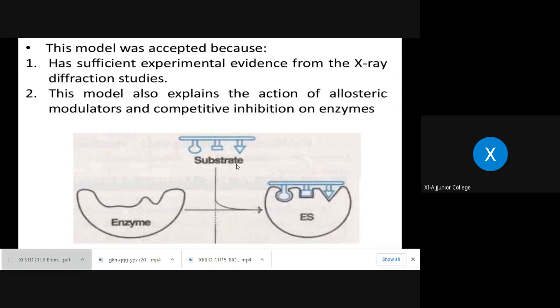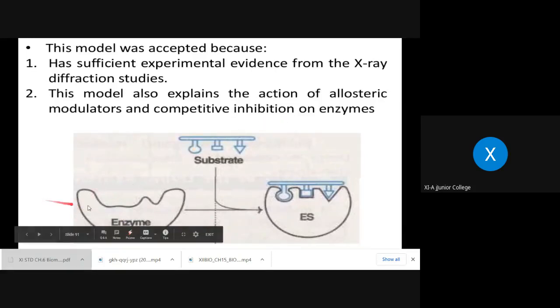I will not explain the allosteric nature or modulators right now, but we will discuss the competitive inhibitors. We just spoke about inhibition or inhibitors, and we will discuss that part. So here you can see, as per the induced fit mechanism, this is the active site of the enzyme and this is the substrate.